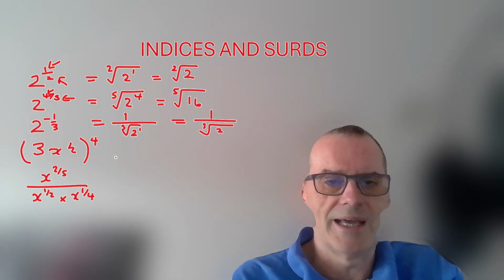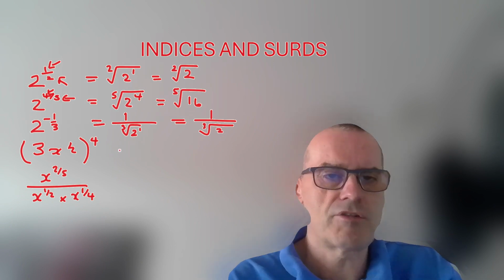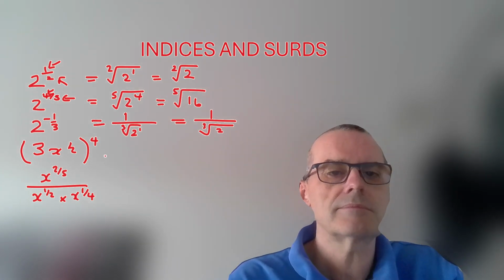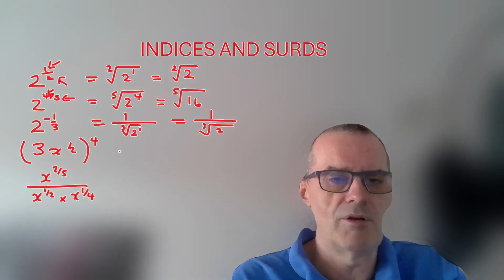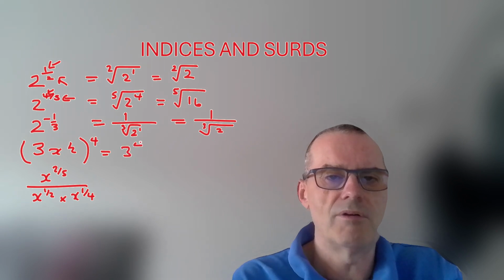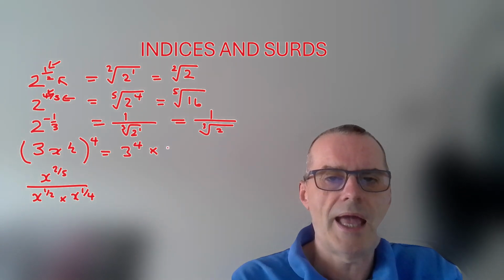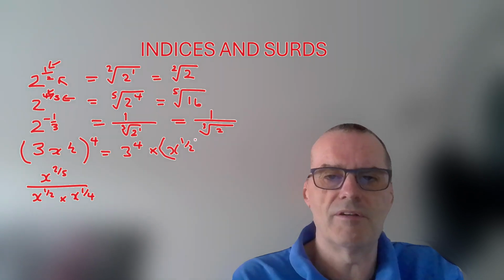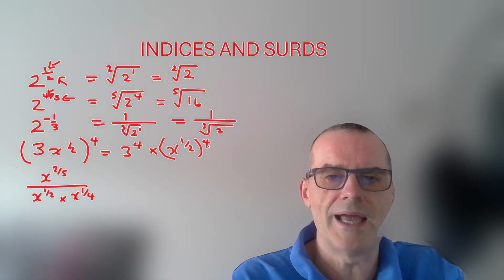So in our fourth example, we have 3x to the power of a half, and all that to the power of 4. So we can split this up and say that is the same as 3 to the power of 4 multiplied by x to the power of a half, and then to the power of 4 again.